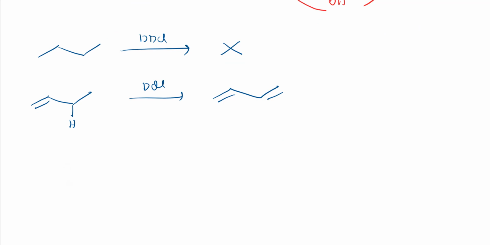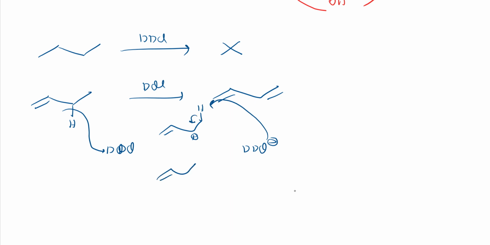So I will write DDQ. First I will take this hydride, so I will form a compound like this, plus again this hydrogen will be there, so this DDQ gets a negative charge, and from that it will take like this, and I get the product. Now onwards I won't write the mechanism fully.